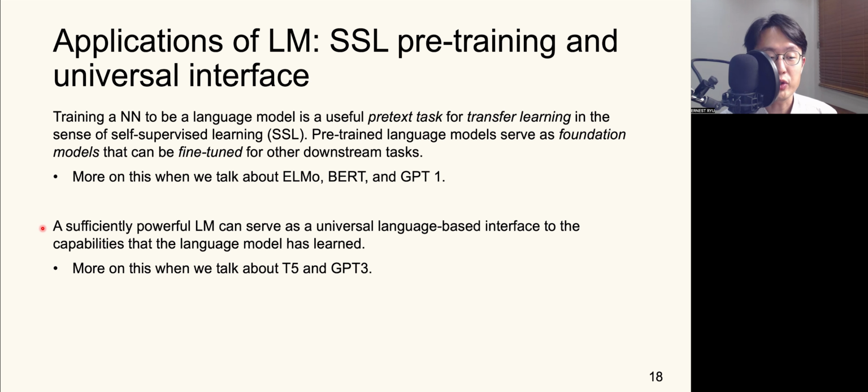There's no special computer API to do that. There's no form that you need to fill in. You can just talk to the other person and they will understand what you want. The same can be said for sufficiently powerful modern large language model based chatbots. We'll talk about this more when we talk about the T5 and GPT-3 models, but the idea is that if you have a sufficiently powerful language model, you can just say what you want and it will do it for you.